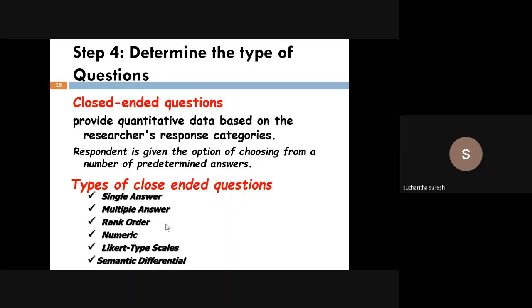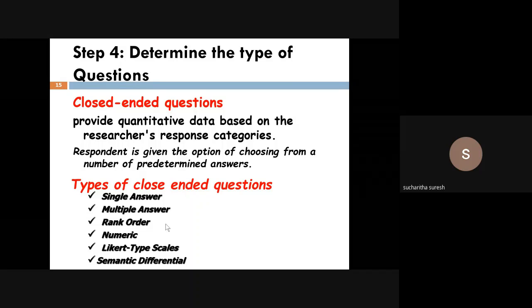You have to use them accordingly. It is not that in some you use a rating scale. Suppose you ask, do you have chairs in your house? Sometimes people ask, to know their socioeconomic status, do you have a TV in your house? Then what should the answer be? Yes or no, correct.